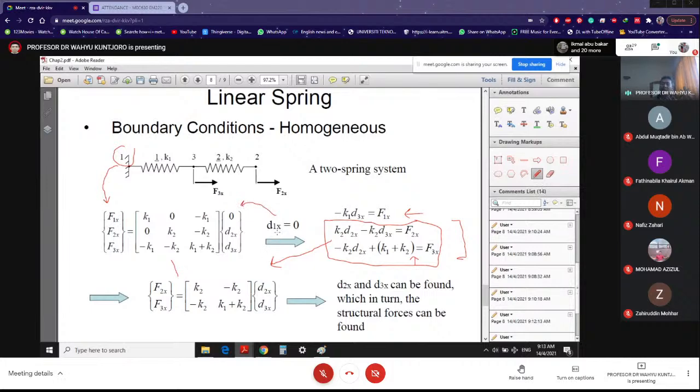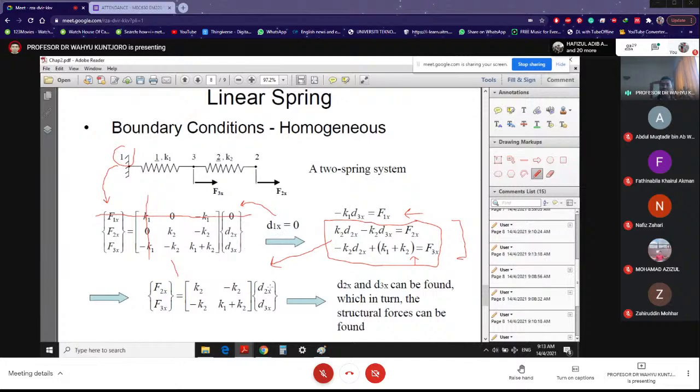That means row 1 and column 1, I can delete, because this relates to displacement 1x equal to 0.